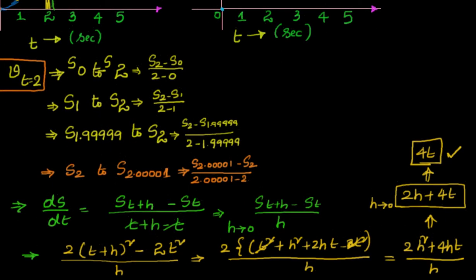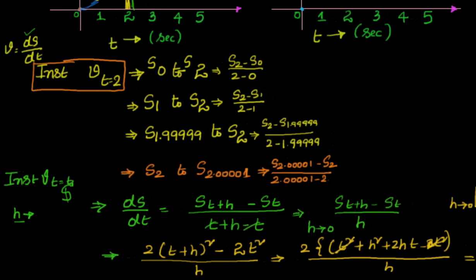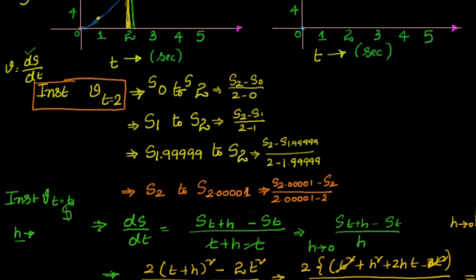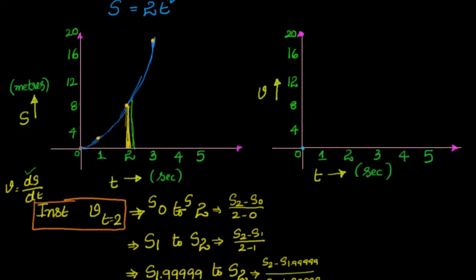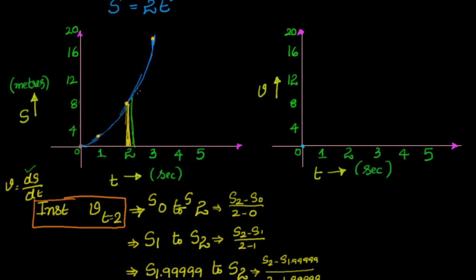Actually we have applied the first principle of differentiation and found this. Let me just repeat that again because this is very important. We have the function s equal to 2t square, and you want to find the instantaneous velocity by differentiation.